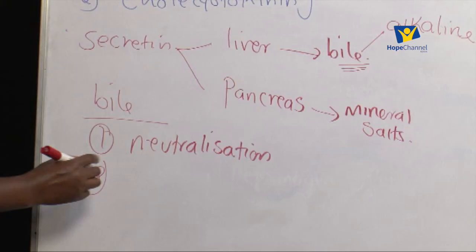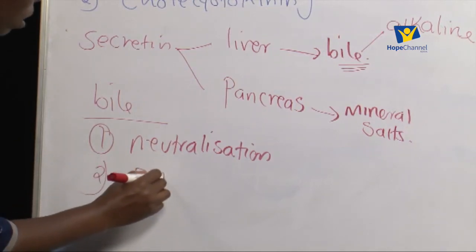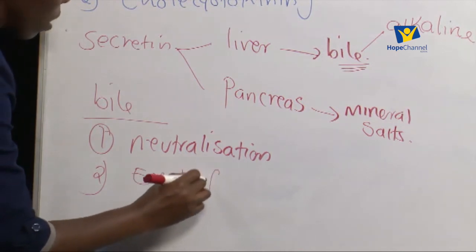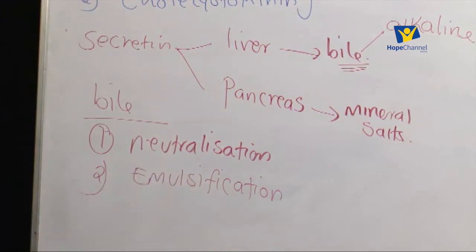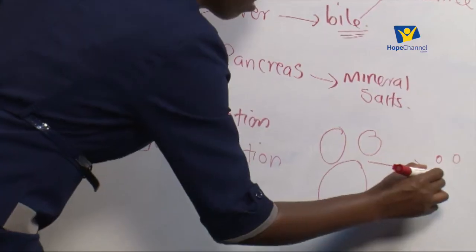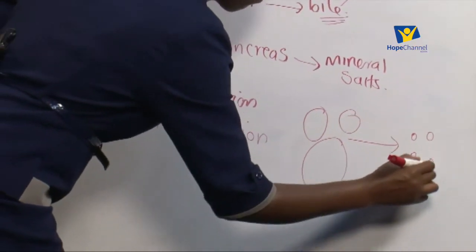Number two, bile does what we call emulsification. Now, what is emulsification? Emulsification is a process whereby the large fat droplets are broken down into small molecules.